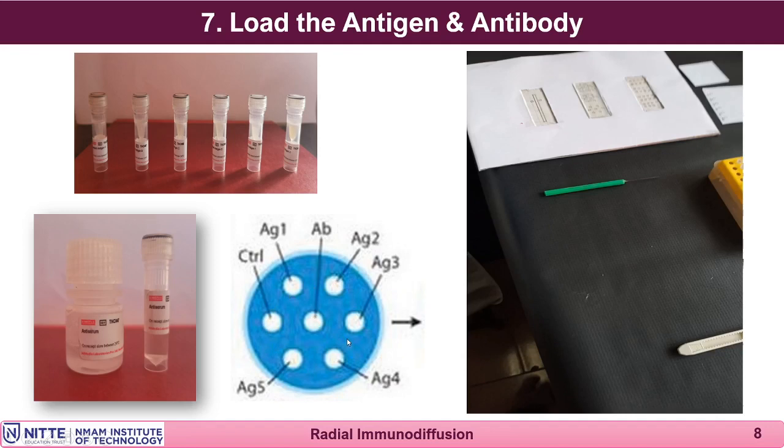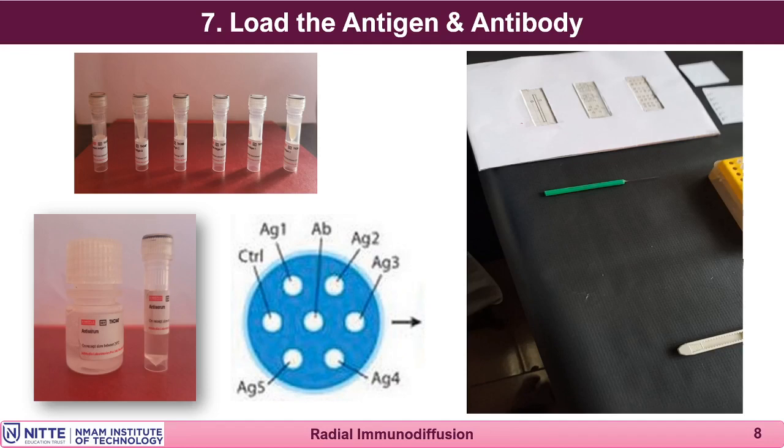Sometimes, to be on the safer side, you can dedicate one antigen well as a control well against the known antibody, because when the precipitation reaction takes place, it is 100% sure that the control well where the known antigen is added against the antibody will definitely form the precipitation band, whereas the unknown test samples which are loaded, if they are negative for the antigen against the antibody loaded there in the well, they will not produce the precipitation band.